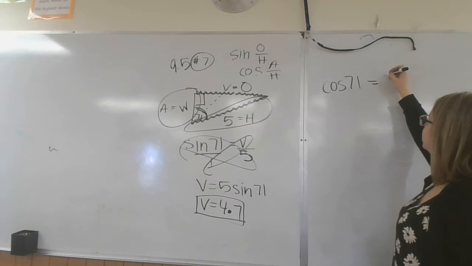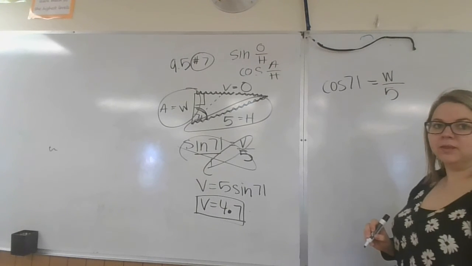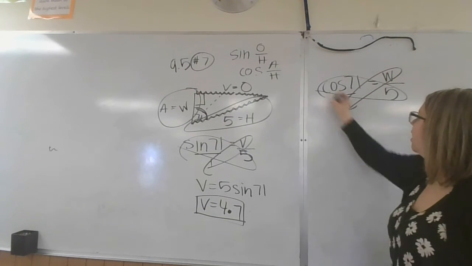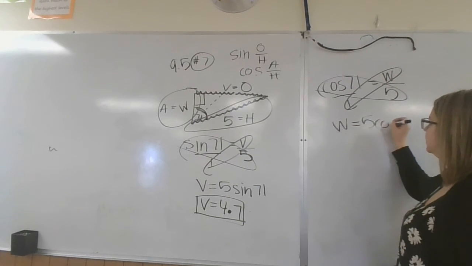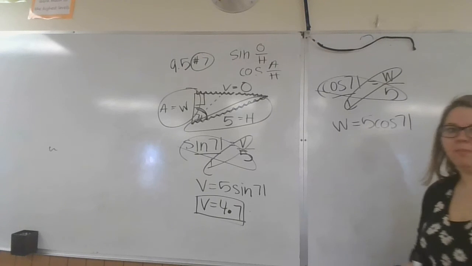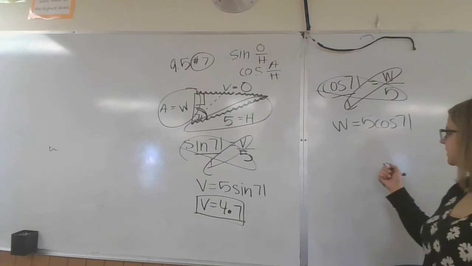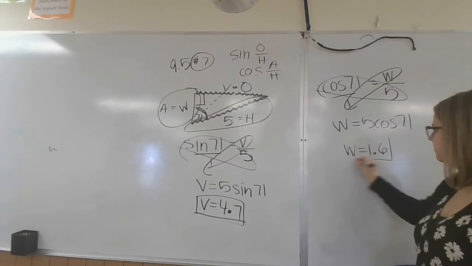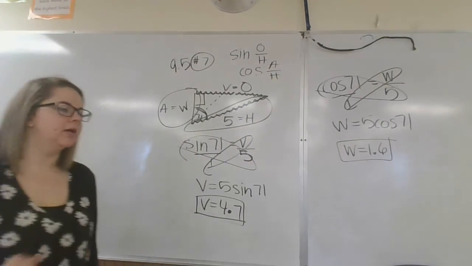My adjacent side we don't know, it's W, over my hypotenuse, which is 5. Okay, I put this over 1. I cross multiply. W times 1 is just W, equals 5 cosine of 71. I put that in my calculator, 5 cosine 71. I get 1.62, so W equals 1.6. And that's my answer there. And then you're good to go.